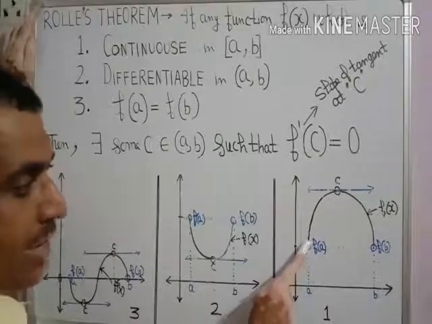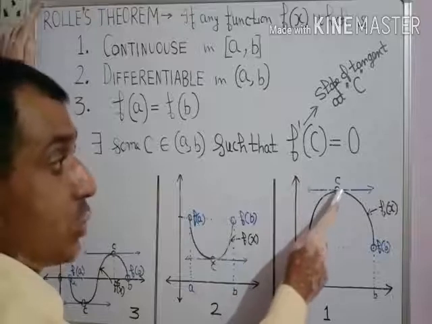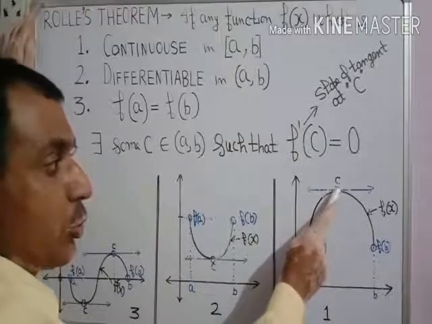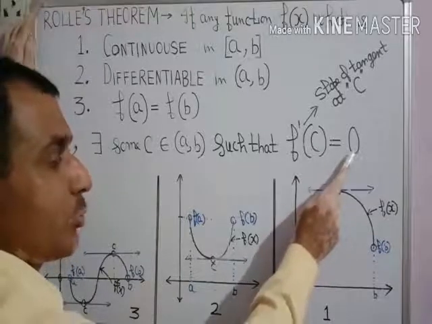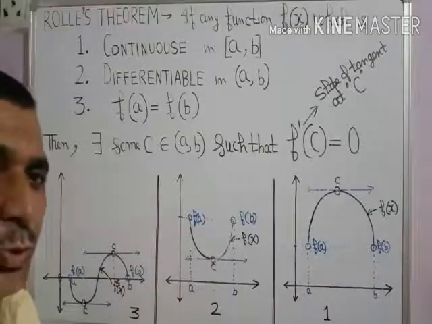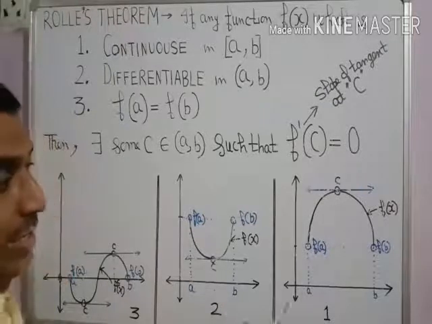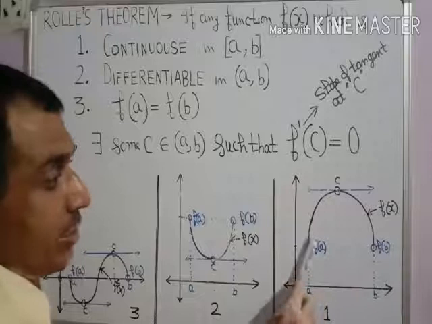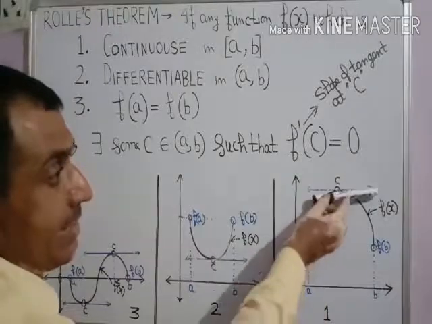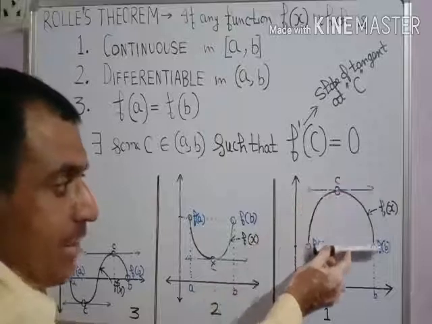It means from a point to b point there exists at least one c where the slope of the tangent is always equal to 0, and we know that whenever the slope of a line equals 0 it means the line is parallel to the x-axis. It means we can say like this, from a to b there would be at least one c such that whenever we draw a tangent at that point, the tangent is always parallel to the x-axis.